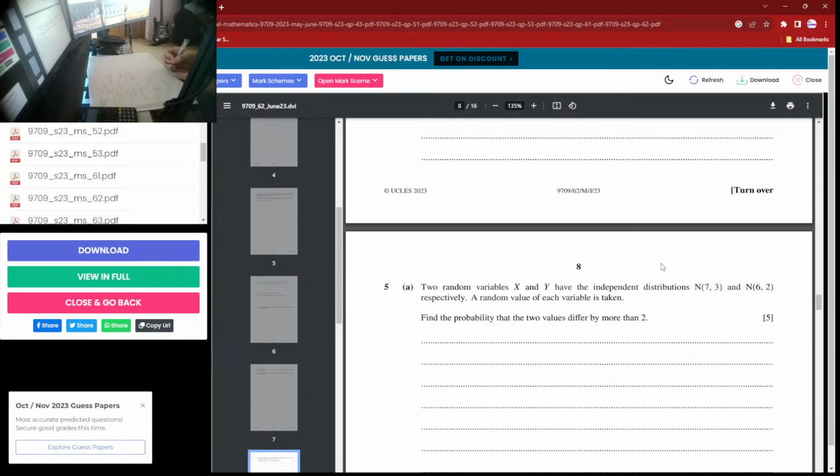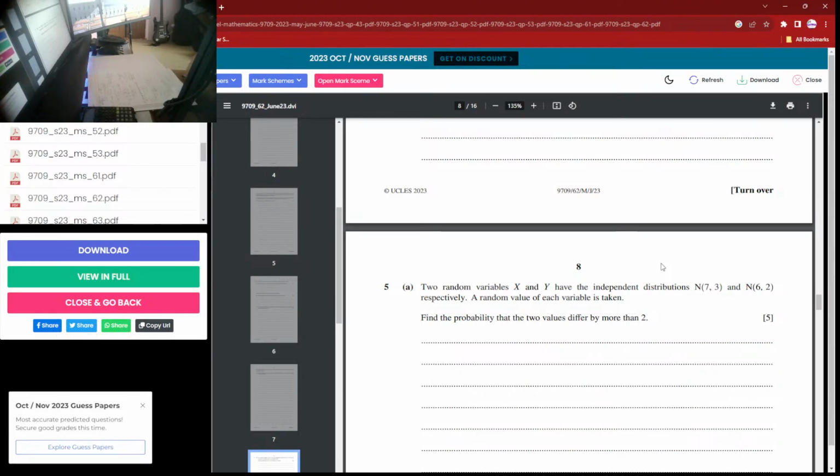So that's the variance. So the probability would be that the difference is more than 2. I think we have to do it two ways, negative 2 as well. Do we have to do it with negative 2 as well, or do we just do 2?